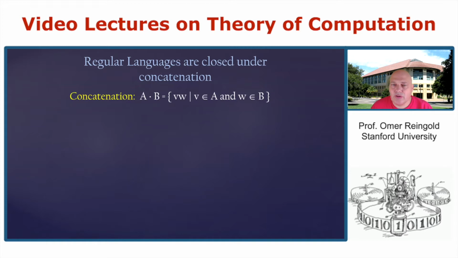So the concatenation of A and B is all the strings that can be broken into V concatenated with W, such that V is in A and W is in B. So alternatively, you can take any pair of strings from A and B, concatenate them, and you get a string in the concatenation of A and B. And the only thing we know about A and B is that they are regular, and the only thing this means is there is a DFA M1 and M2 such that M1 recognizes A, M2 recognizes B, and somehow we want to create one that recognizes the concatenation of A and B.